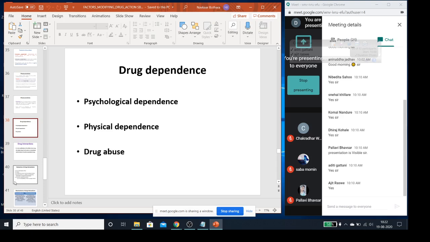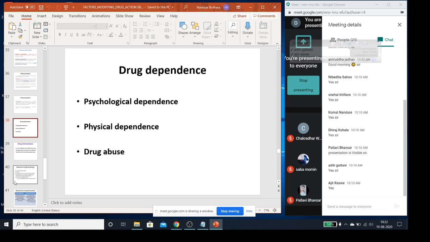So dose is important. Drug abuse is problematic because unnecessarily that dose is going into the body, it stays in the body, and there is no need, people are taking it just for the pleasure. So may it be alcohol, heroin, cocaine, or any kind of such drugs, they are called substances of drug abuse, and they all have problems. They are responsible for causing psychological or physical dependence.